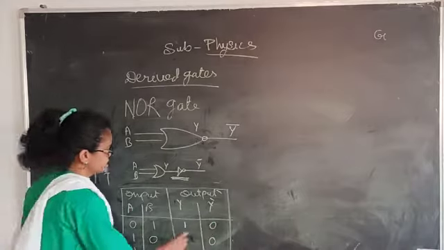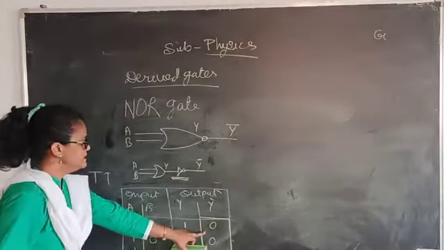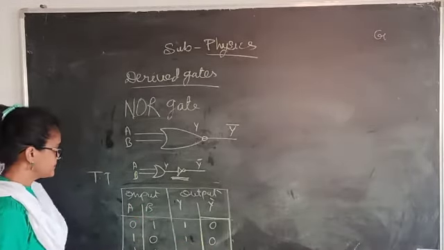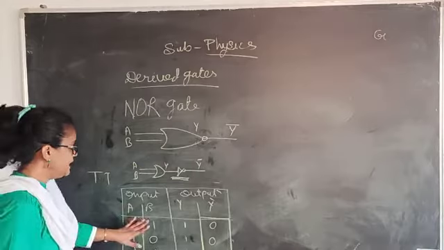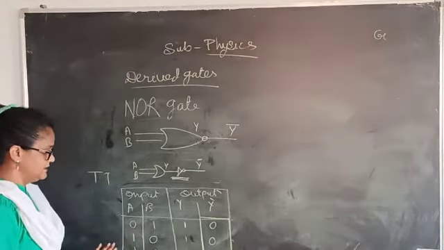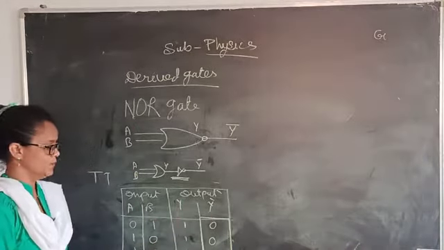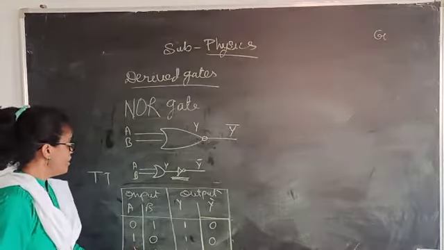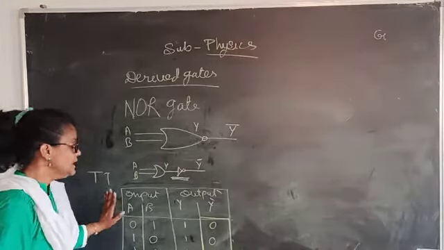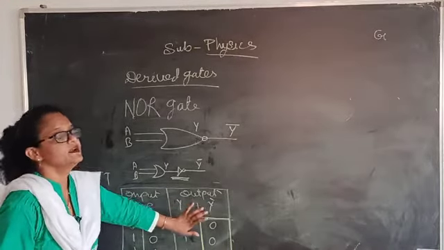From this we can conclude, if any of the inputs is high or both the inputs are high, the output of NOR is low. And if both the inputs of NOR are low, then and only then the output of NOR will be high.